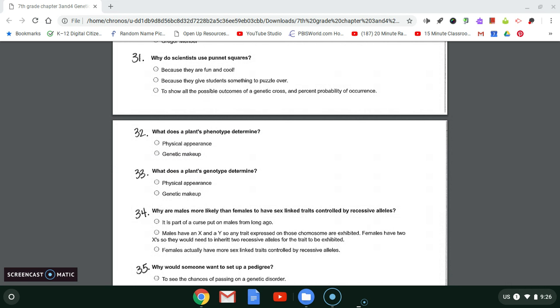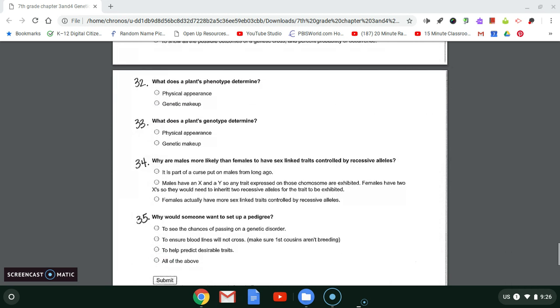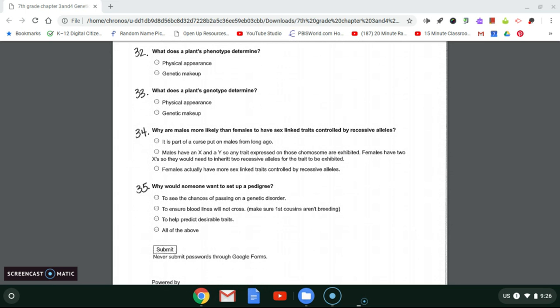Because they're fun and cool, because they give students something to puzzle over, or to show all the possible outcomes of a genetic cross and percent probability of occurrence. Number 32. What does a plant's phenotype determine? Physical appearance or genetic makeup? Number 33. What does a plant's genotype determine? Physical appearance or genetic makeup?